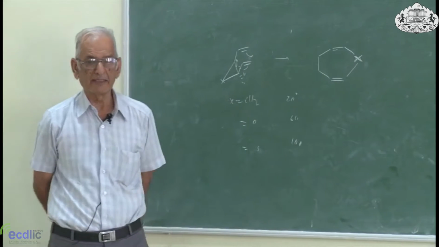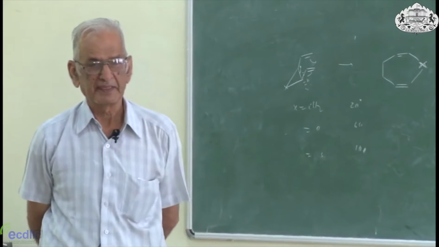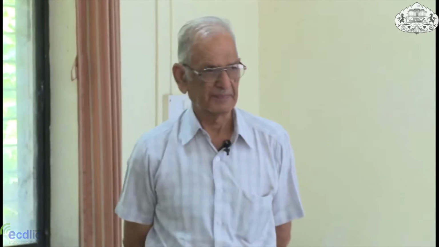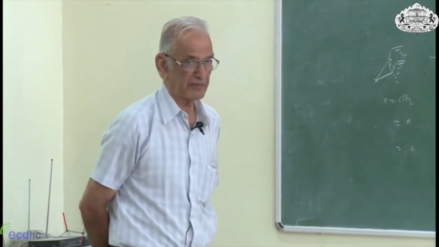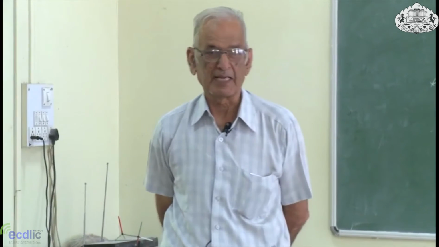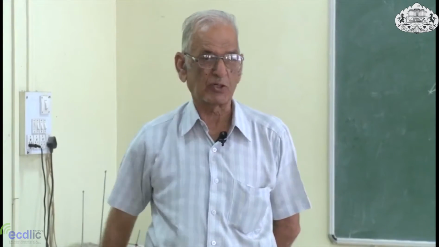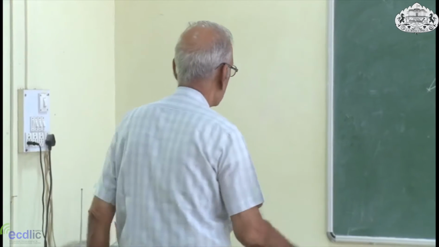Carbon-sulfur bond is longer than the carbon-carbon bond. Therefore, in the sulfur compound, there is less strain involved. In the carbon compound, there is more strain involved. It is more difficult to explain the difference between carbon and oxygen. Carbon-oxygen bond is shorter than the carbon-carbon bond. So, that explanation is okay.